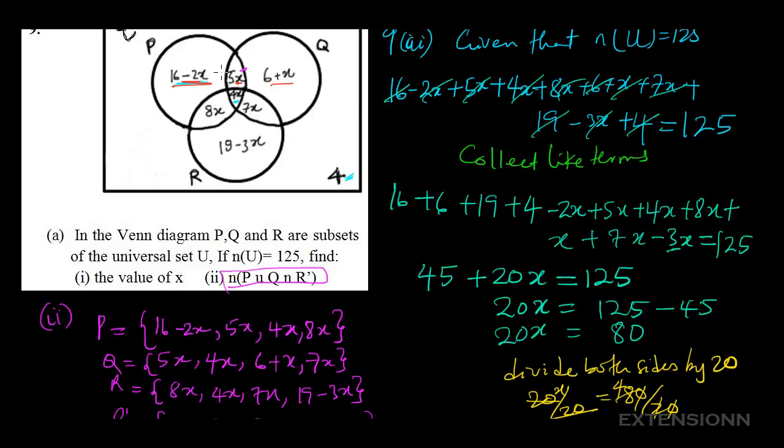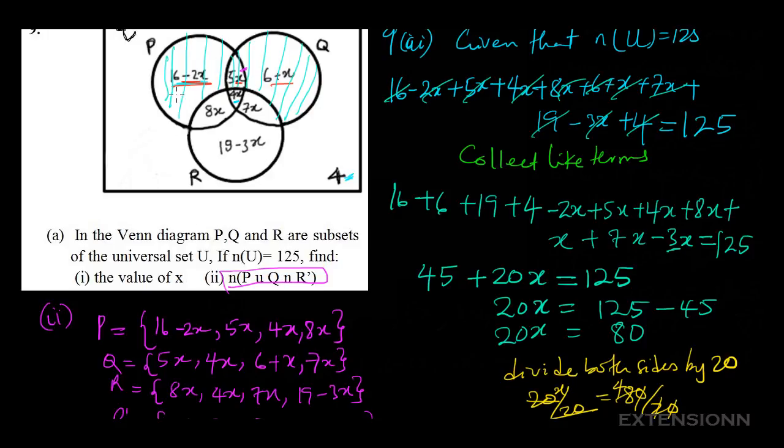Okay, so this portion represents P union Q intersect R prime. So we can shade it if we like. Let's shade it. By the time we shade it, we have something like this. So that's the portion represented by P union Q intersect R prime.